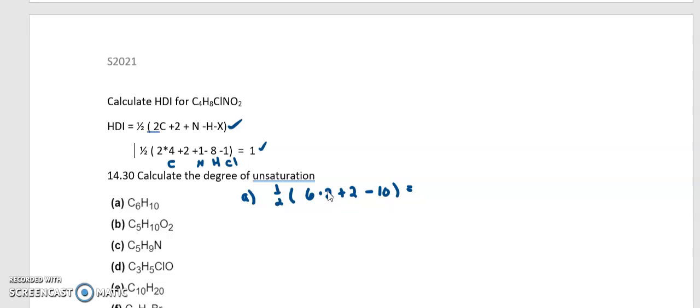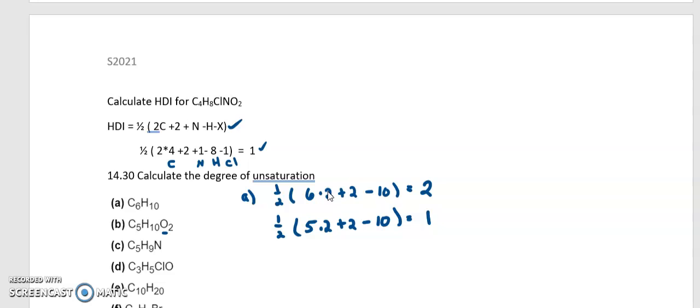And that's going to give us an unsaturation of 2. Here we've got 1/2 of 5 times 2 plus 2 for the n hydrogens. We've got 10 hydrogens, so we're going to subtract off 10. The oxygen here is irrelevant as far as figuring out our score, and it will be 1.